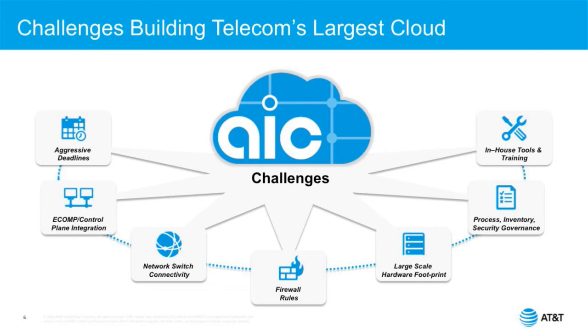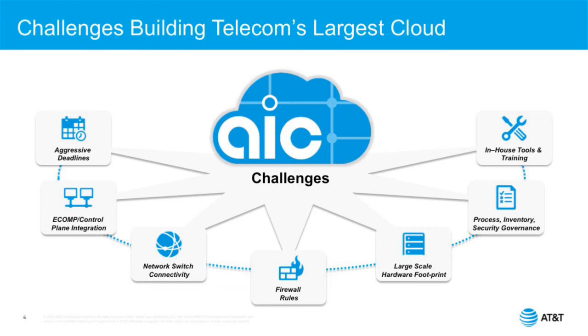And we also have ECOMP. ECOMP is an enhanced control orchestration management policy. That one is a unique solution that AT&T developed last year. Like Austin, if you listened to it, we were the keynote speaker talking about how ECOMP is integrated with AIC. And when we are deploying, there is the integration of ECOMP and the data control plane, which consists of Keystone as well as Glance.